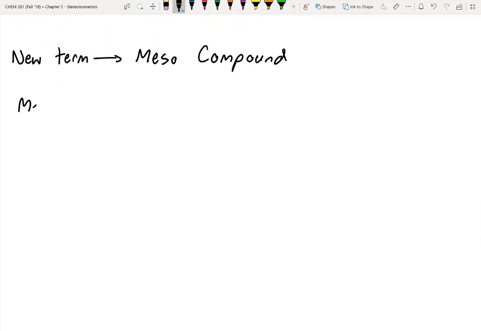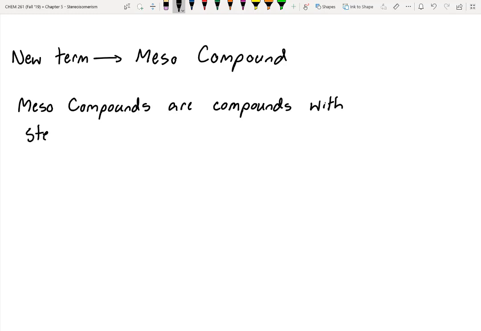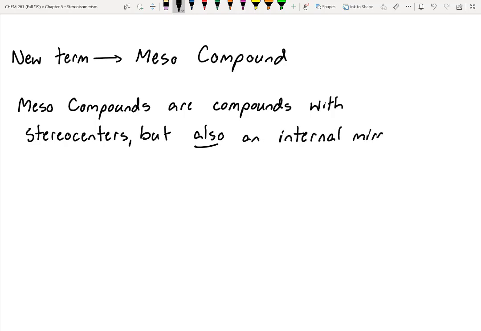So meso compounds are compounds with stereocenters but also an internal mirror plane. This has 2 important things we need to consider.